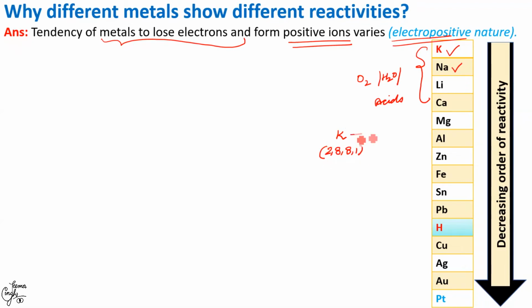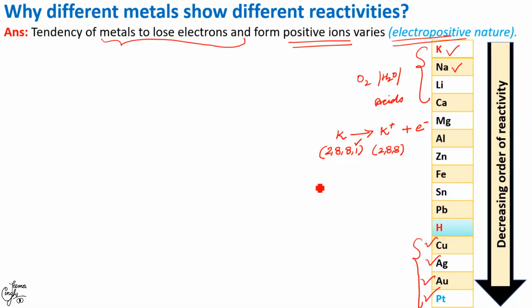It can readily lose the one valence electron to form positively charged ion, also known as potassium cation, with configuration 2, 8, 8, right? Whereas metals such as copper, silver, gold, and platinum do not lose their valence electrons easily and are hence quite unreactive and placed at the bottom of the reactivity series.